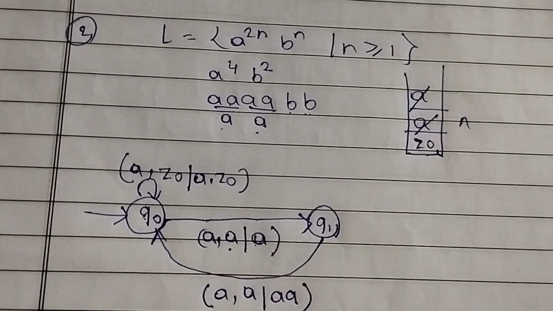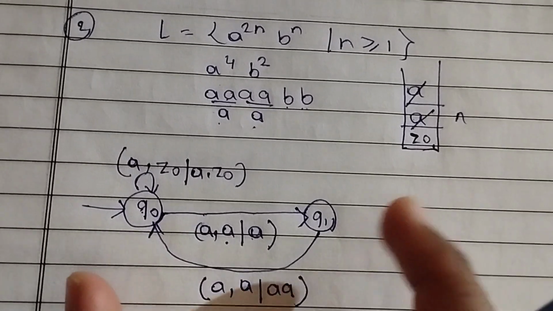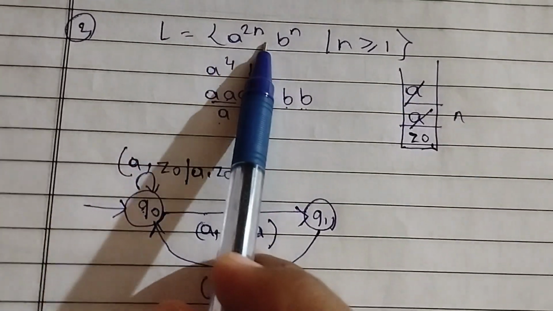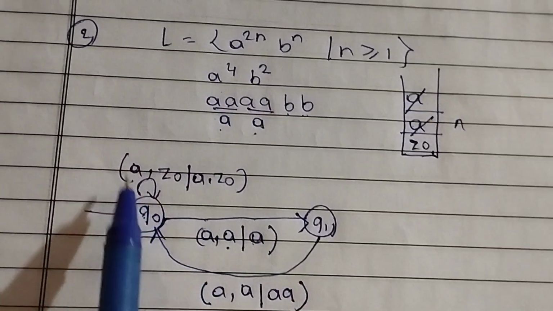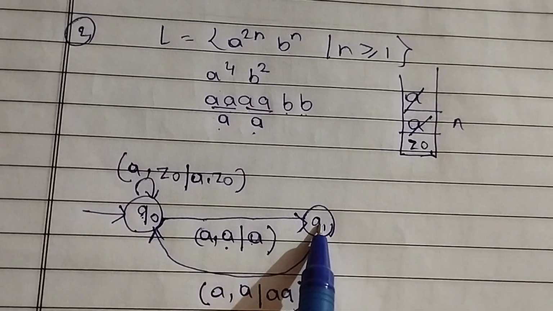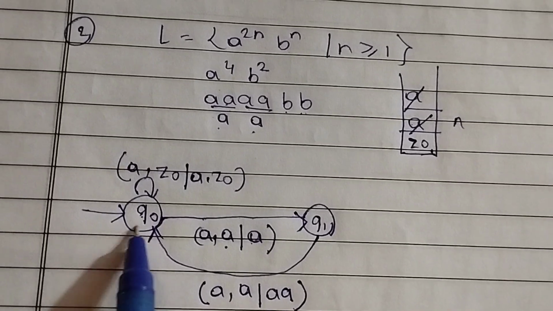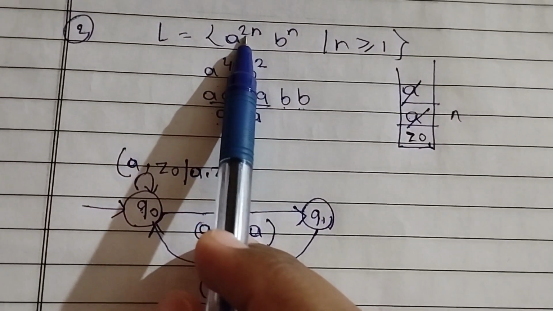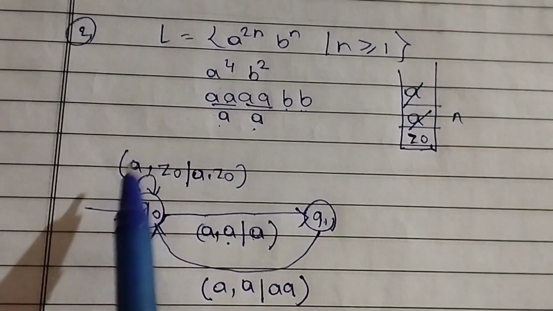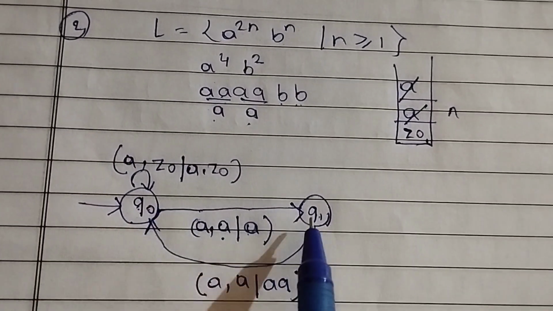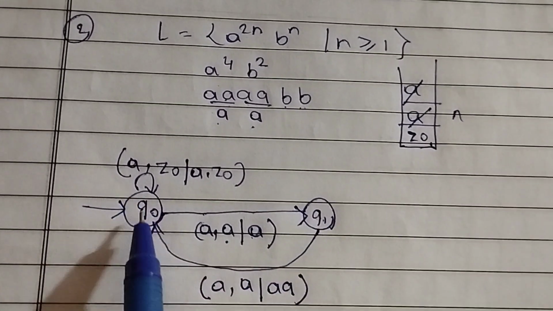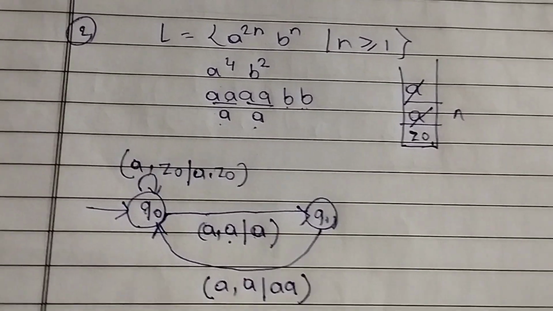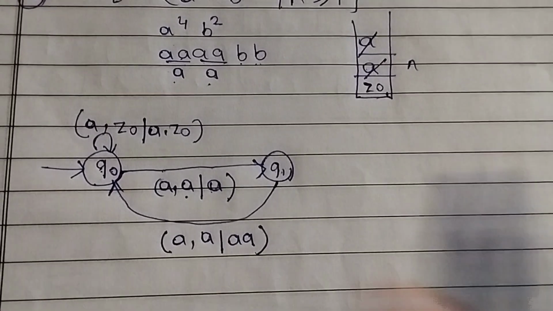We are in the acceptance state. So this rule is followed for all the even a's. Now for n is equal to 2, a is to 4. So first push, then keep as it is, third time push, fourth time keep as it is. If we consider n is equal to 3, then a raised to 6. So first time push, keep as it is, second time push, keep as it is, and third time push. So I hope all of you get the idea about the state for the a.